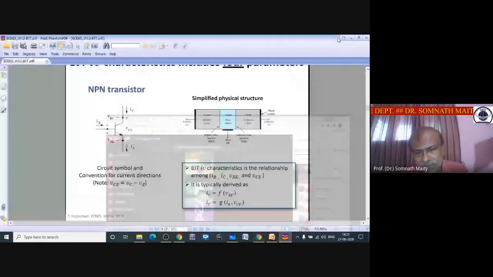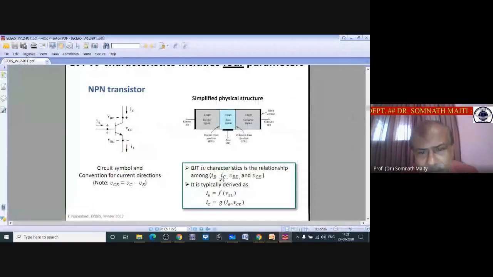Out of these parameters: base current, collector current, base to emitter voltage, collector to emitter voltage. These are important.